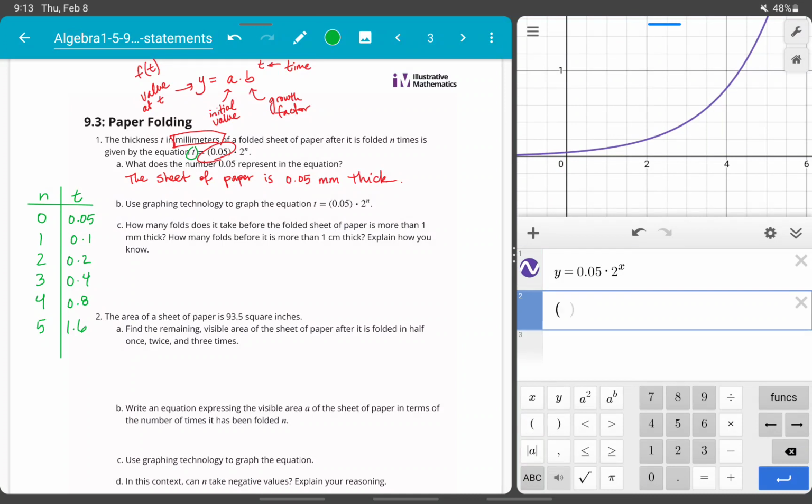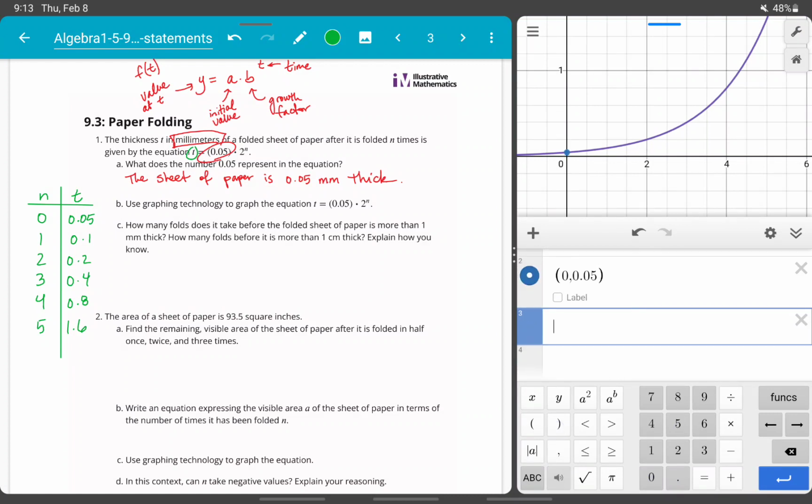So we can actually put specific points. If we put 0, 0.05, we could add that point. We could add a couple more. I'll put the 2, and let's make sure we got the parentheses there. 2, comma 0.2. That one's on the graph. And then let's get one more.